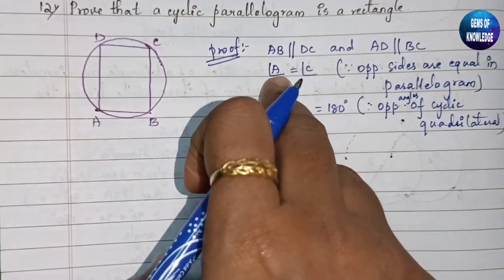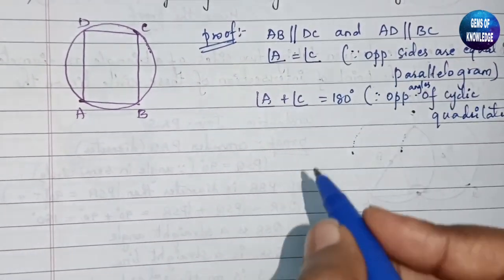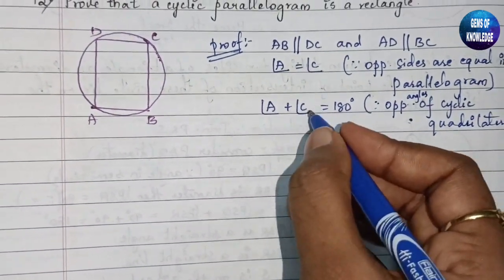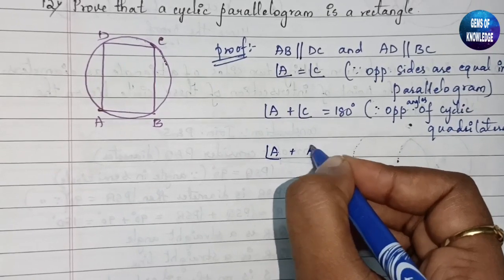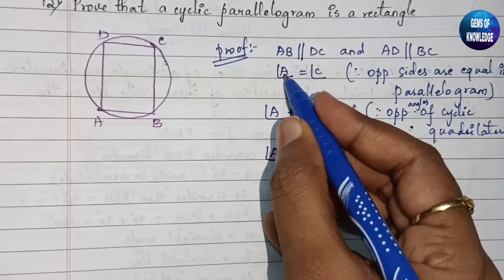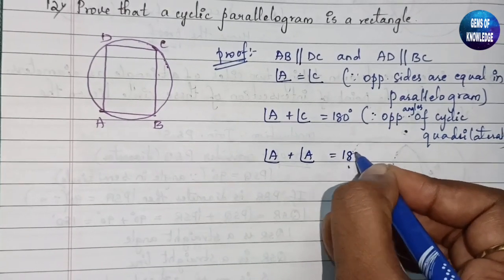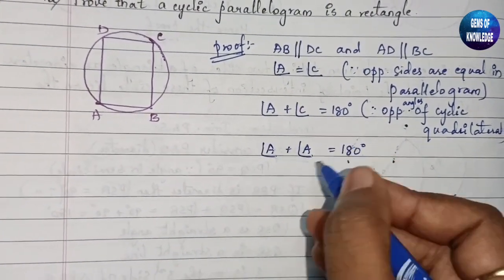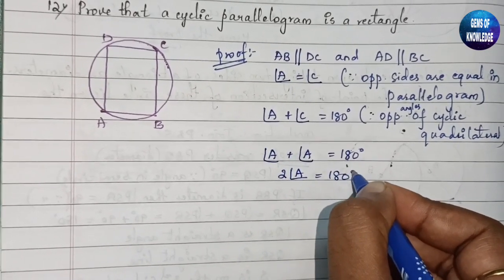Now as you can see, angle A is equal to angle C. So in place of angle C, we can write angle A, because both are equal. So angle A plus angle A, which is 2 times angle A, is equal to 180 degrees.